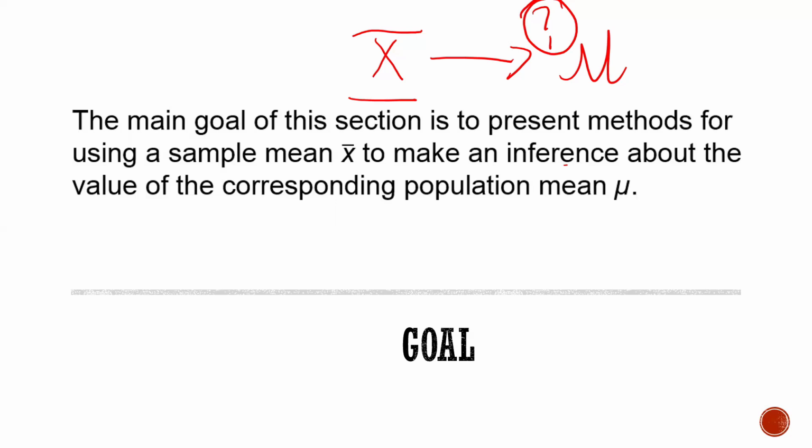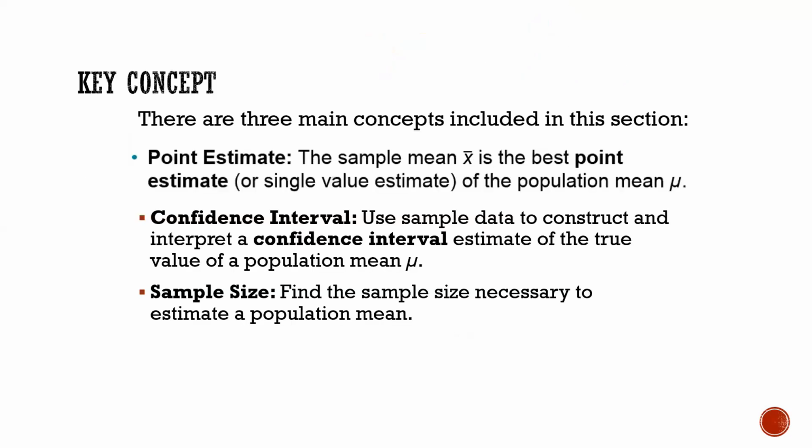So symbolically, what are we going to use to estimate mu? X bar. So that's the point estimate. And this works because, as you found out, the mean is an unbiased estimator: the mean of the sample means is the population mean. We'll use a confidence interval around it, and we'll find the necessary sample size.